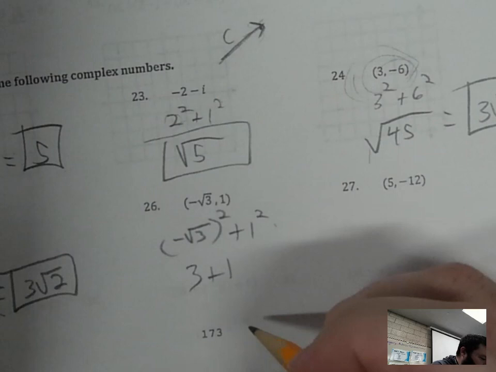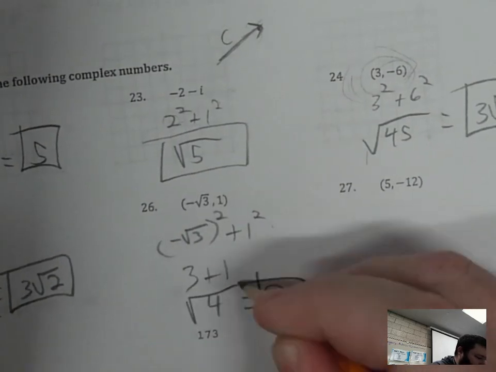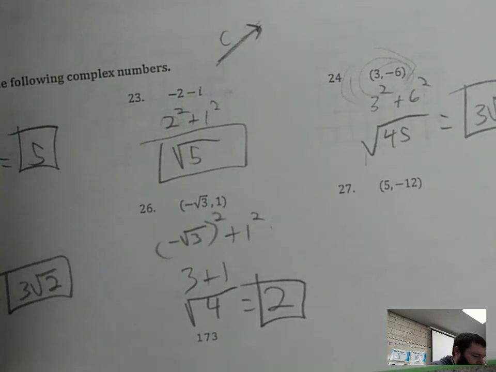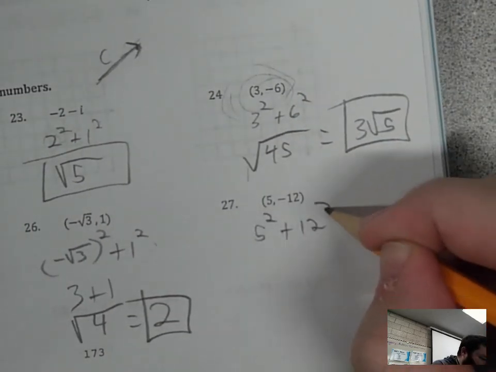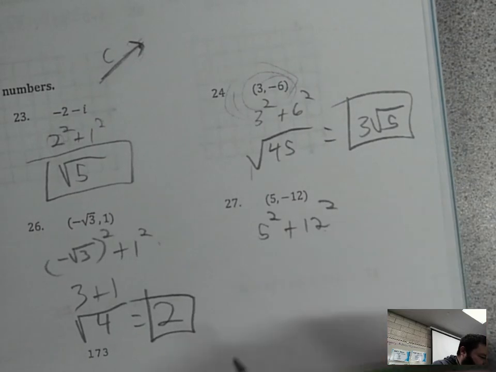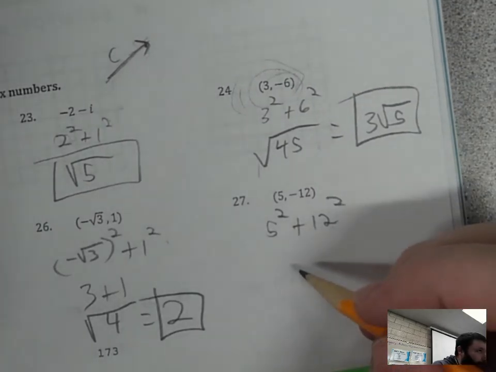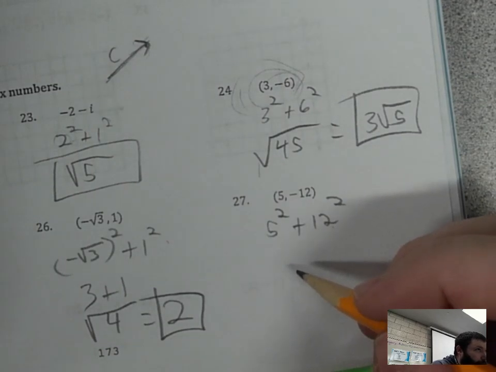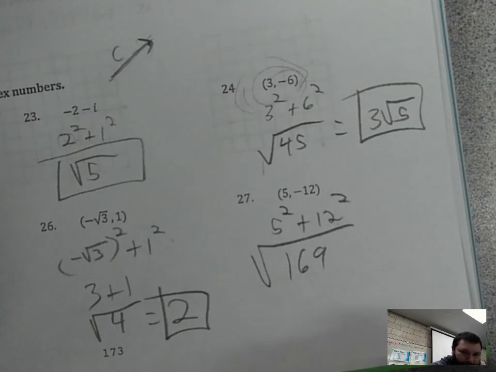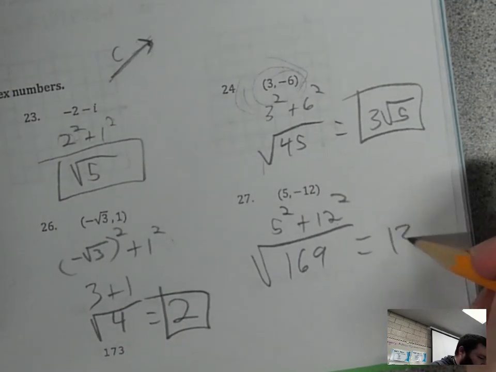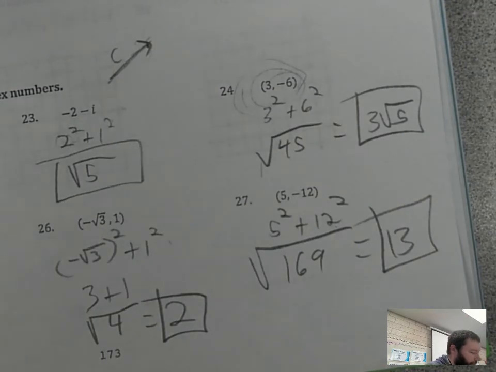So 3 plus 1 is 4, and the square root of 4 is 2. And that's my answer. Okay? And then 5 squared plus 12 squared, that's 25 and 144. So 25 plus 144 would be 169, which when you square root that is 13. Okay? These are actually really simple. I could do a bunch of them without putting them in my calculator.